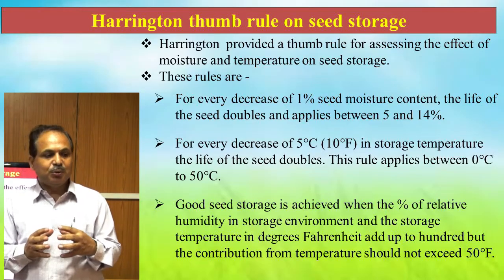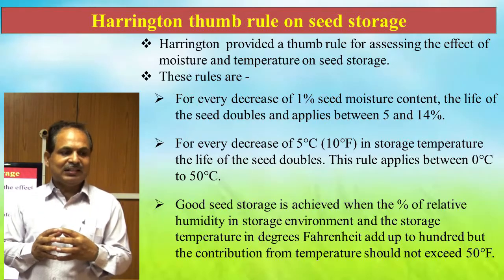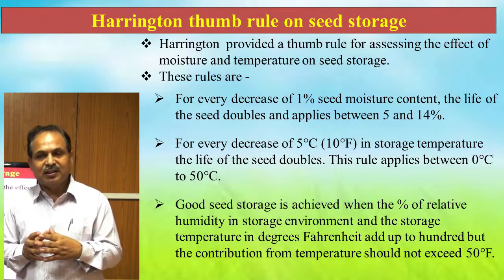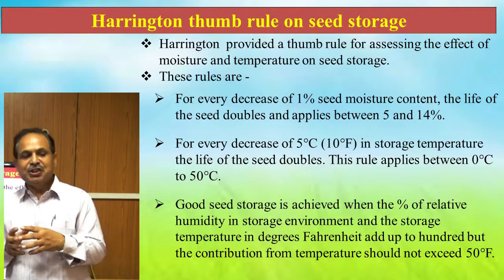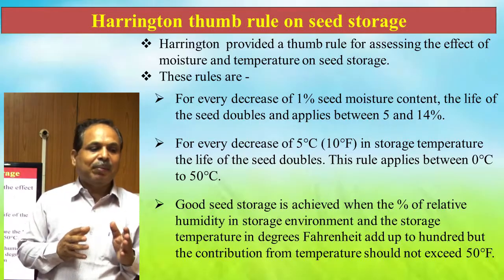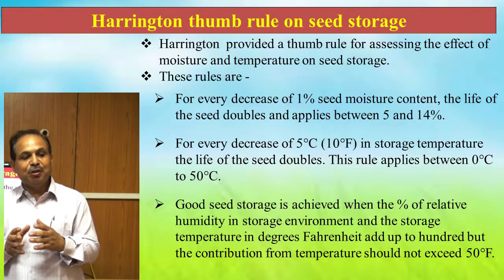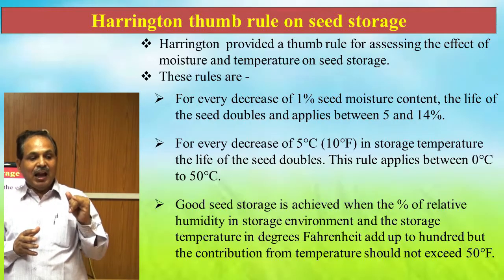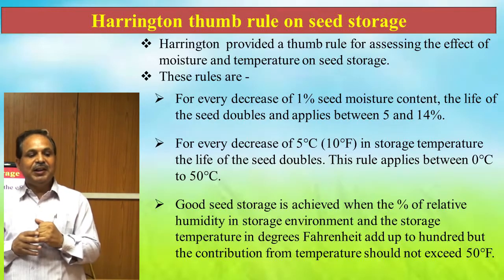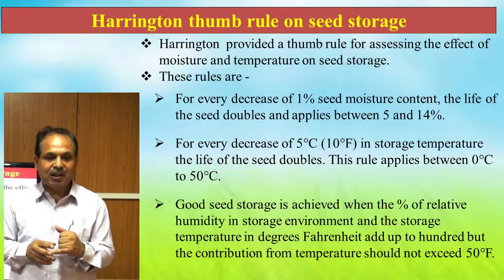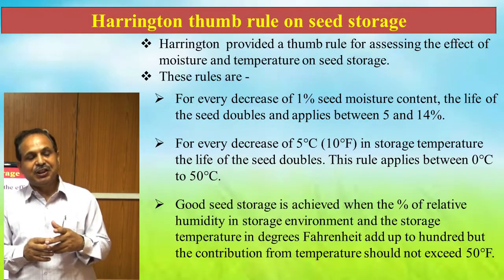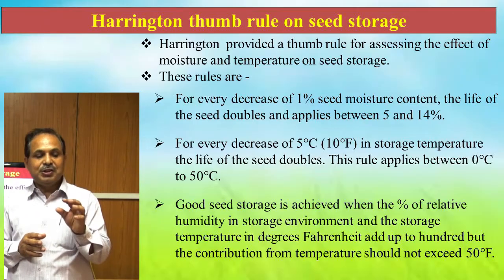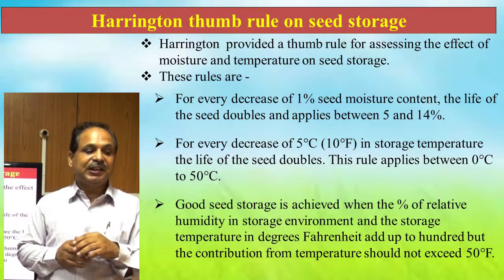According to him, for every decrease of 1% moisture content, the life of seeds doubles, but this applies only for 5 to 14% moisture content. The second rule is that every decrease of 5 degrees centigrade in storage temperature also doubles the seed life, but it is again restricted to 0 to 50 degrees centigrade.